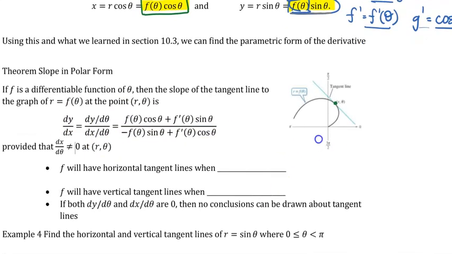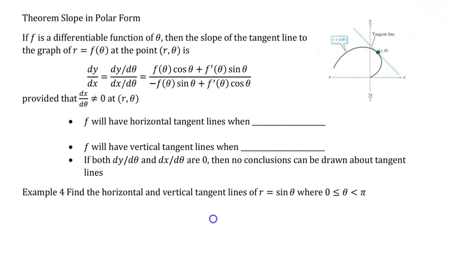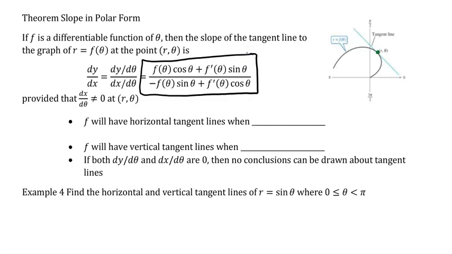So now that we have a representation for the derivative of a polar function, which we got using parametric equations, we can make some observations. Remember, this entire fraction here is the representation for the derivative. So when will the function have a horizontal tangent line? Well, we know, generally speaking, from Calc 1, that we get horizontal tangent lines when the derivative is equal to 0.